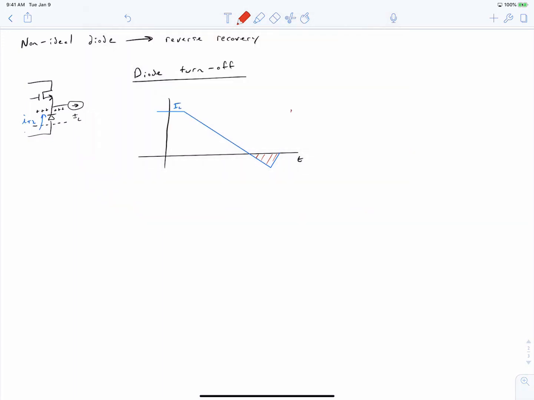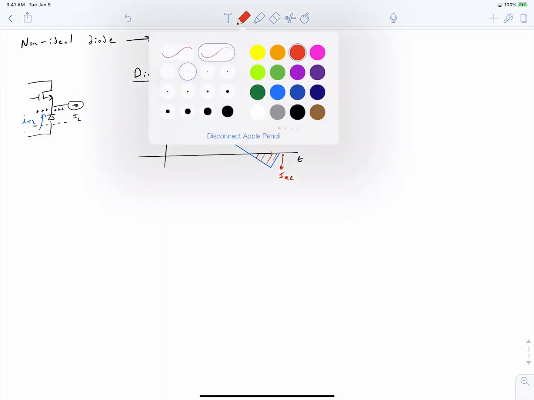So we can talk about this region as having an effective charge that we need to establish, and we can relate it to a couple of quantities which are specified in the data sheet. One is a reverse recovery current, and the other is the reverse recovery time.